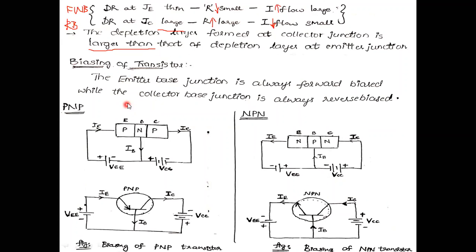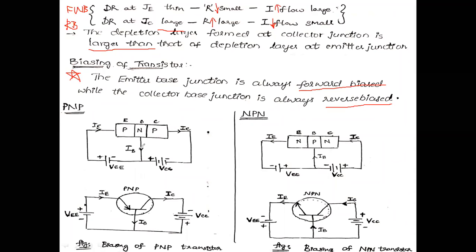We have seen this already: the emitter base junction is always forward biased and the collector base junction is always reverse biased. This is the point you need to memorize all the time. Why it is going to be forward biased and reverse biased, we will see. Okay.